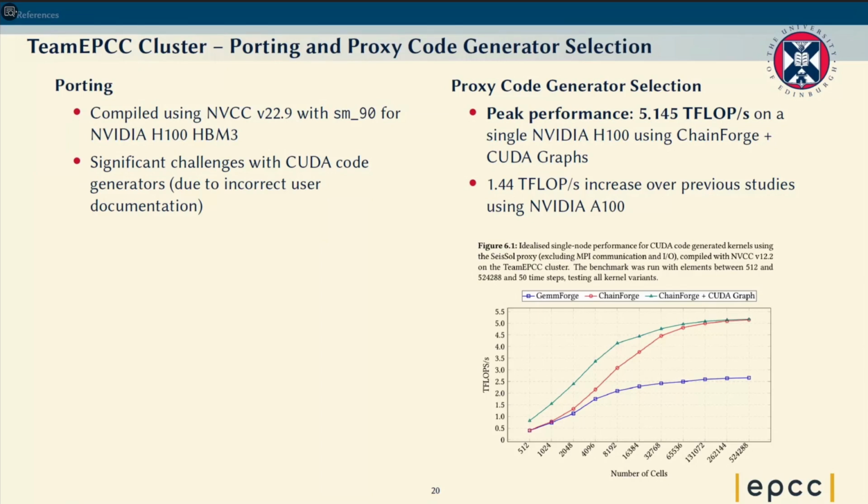The original implementation had many different kernels, but through optimizations, they changed them into a single kernel, which reduces kernel launch overheads. That validates the performance of previous work, though they haven't looked into the H100. Their most recent was the A100, and I showed that I was able to achieve about 1.44 times greater performance compared to the A100.